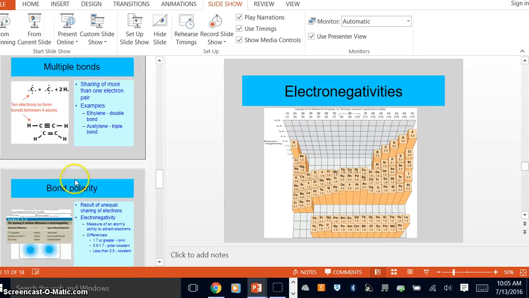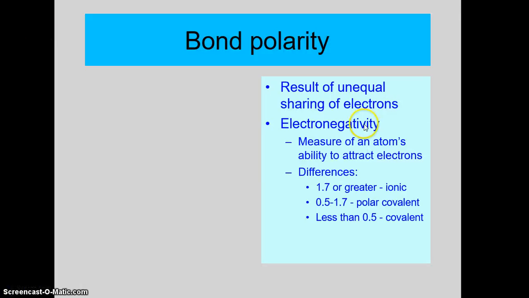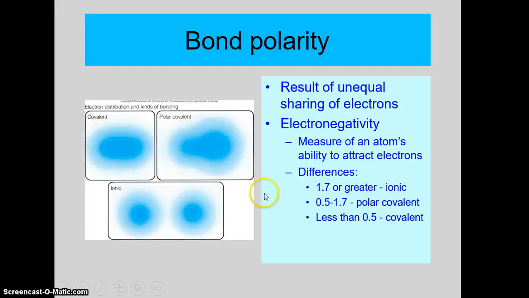Let's take a bigger look at that. 2.5 is clearly greater than 1.7, so we would predict that the bond between lithium and oxygen was ionic.